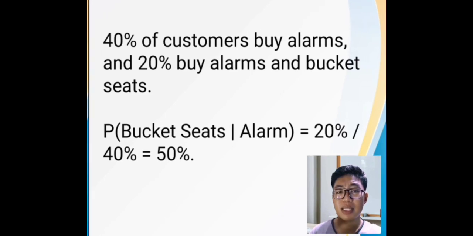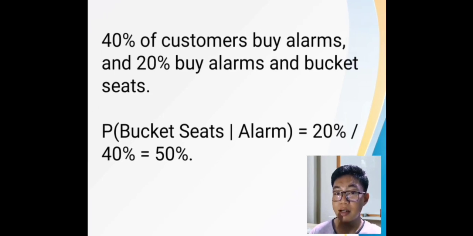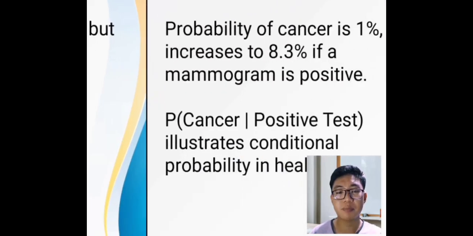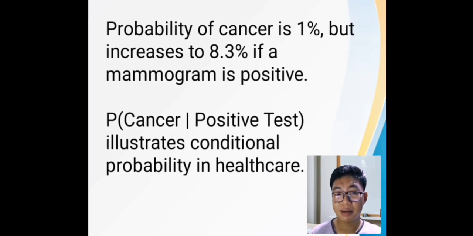Another example, in retail: suppose that 40% of customers buy alarms and 20% buy both alarms and bucket seats. So the conditional probability of buying bucket seats given the purchase of an alarm is 50%. In healthcare, conditional probability is crucial.